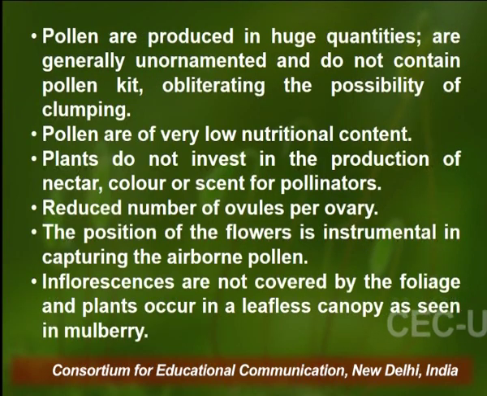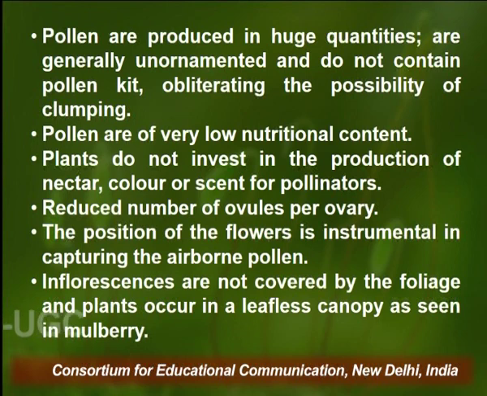Pollen are produced in huge quantities in anemophilous species. These are generally unornamented and they do not contain pollenkitt. Now, this obliterates the possibility of clumping of pollen, because there are no carbohydrates and lipids present on the surface of these pollen.